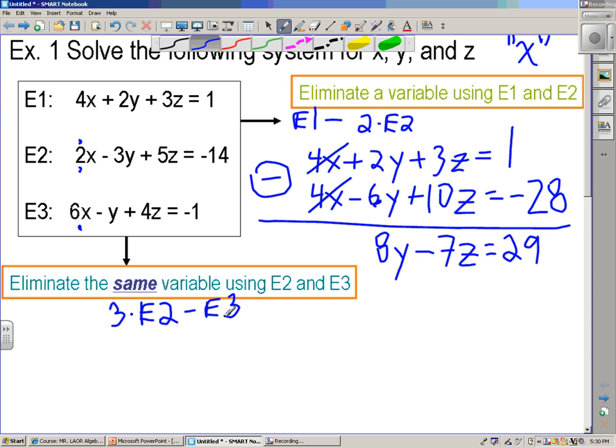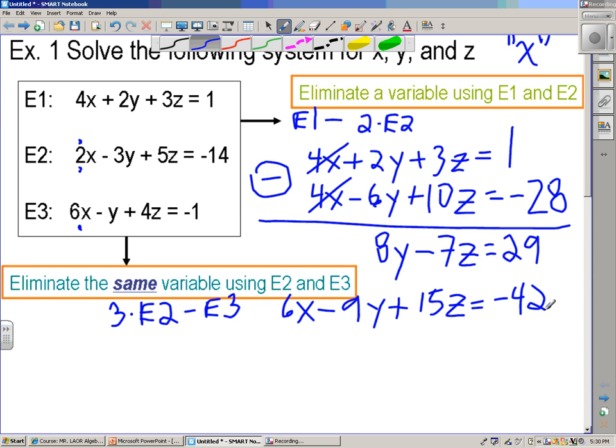3 times equation 2 gives me 6x minus 9y plus 15z is equal to negative 42.